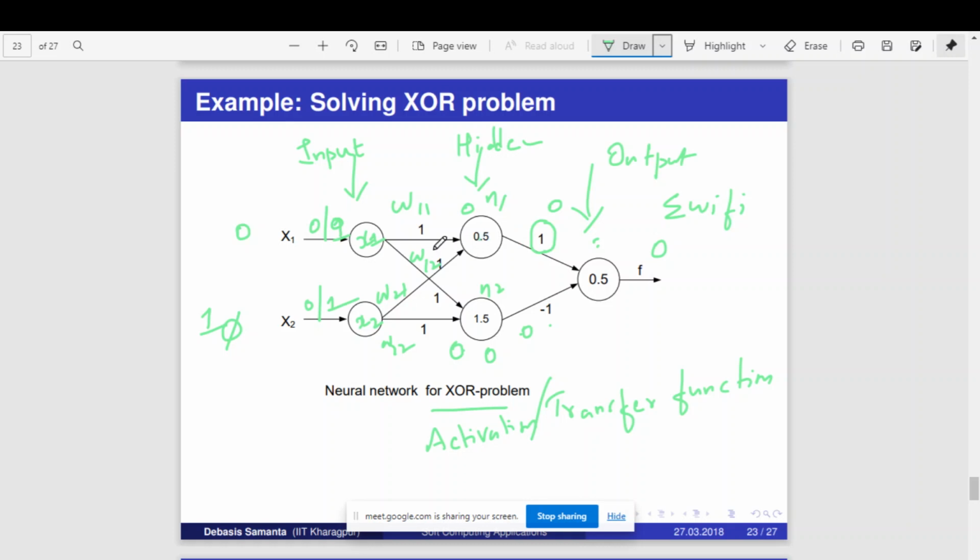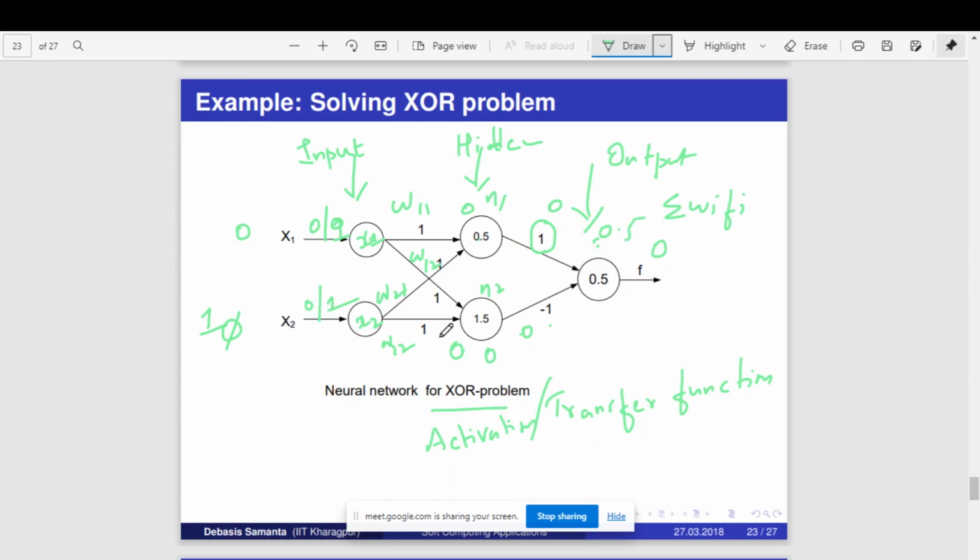So basically this will be activated. What will happen? This 0.5 will be multiplied with this 1. 0.5 into 1 is 0.5.